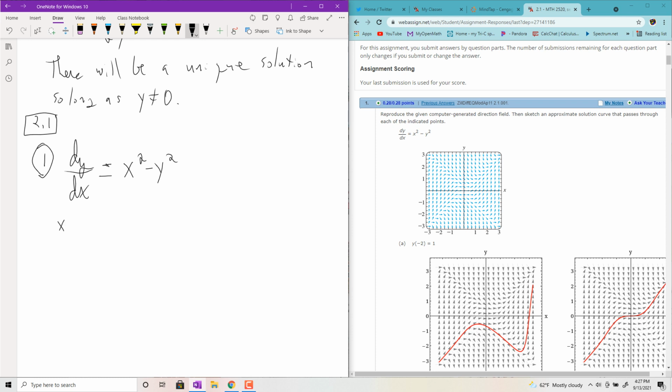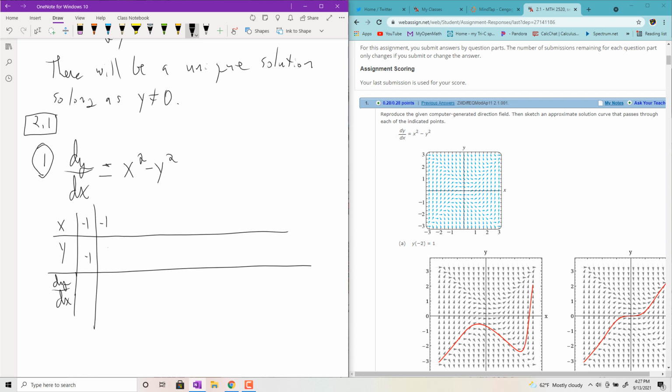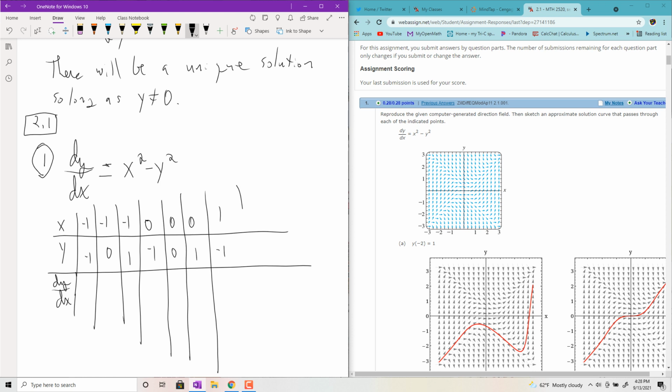So, for instance, you're going to make a t-table, and then you have your dy over dx. So say -1, -1, and then -1, 0, and then -1, 1, and then 0, -1, 0, 0, 0, 1, 1, -1, 1, 0, 1, 1.